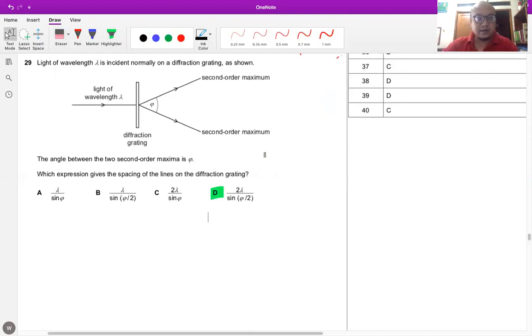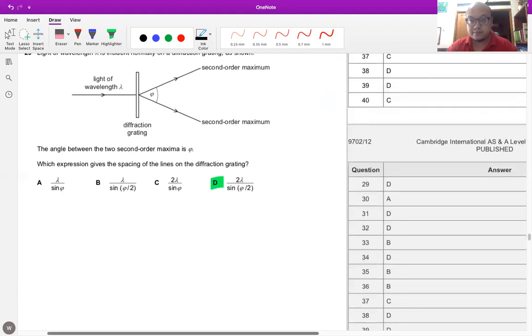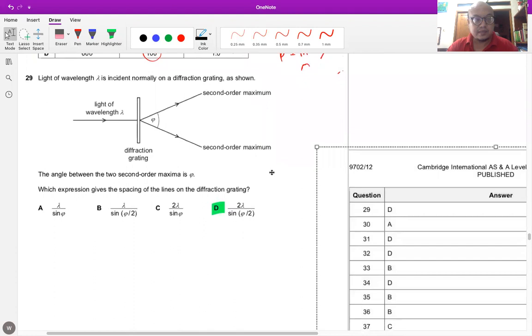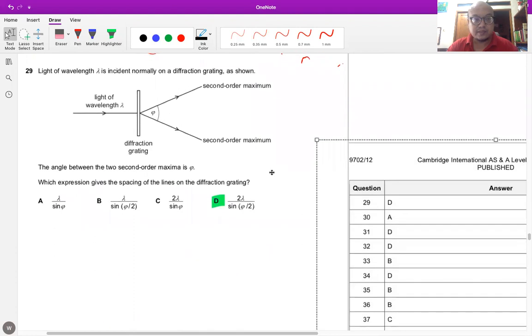Light of wavelength lambda is incident normal on the diffraction grating as shown. This is the second order maximum.